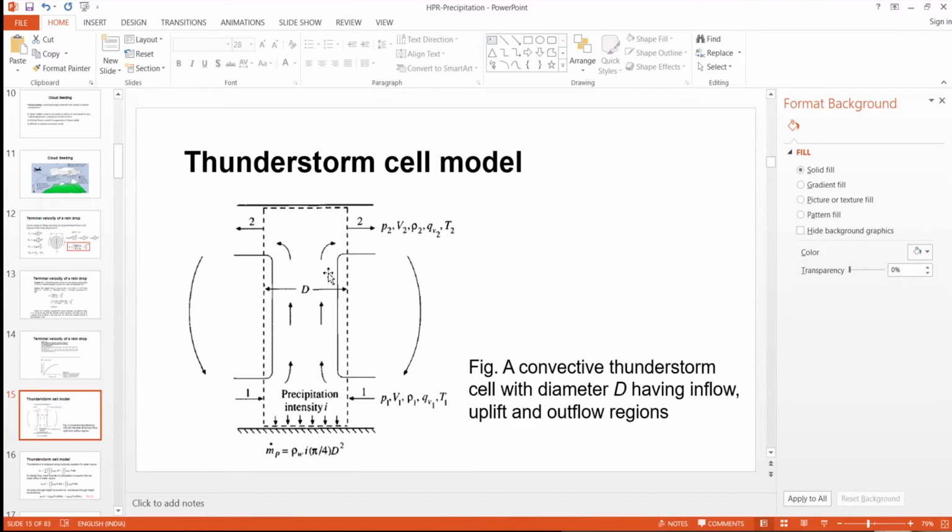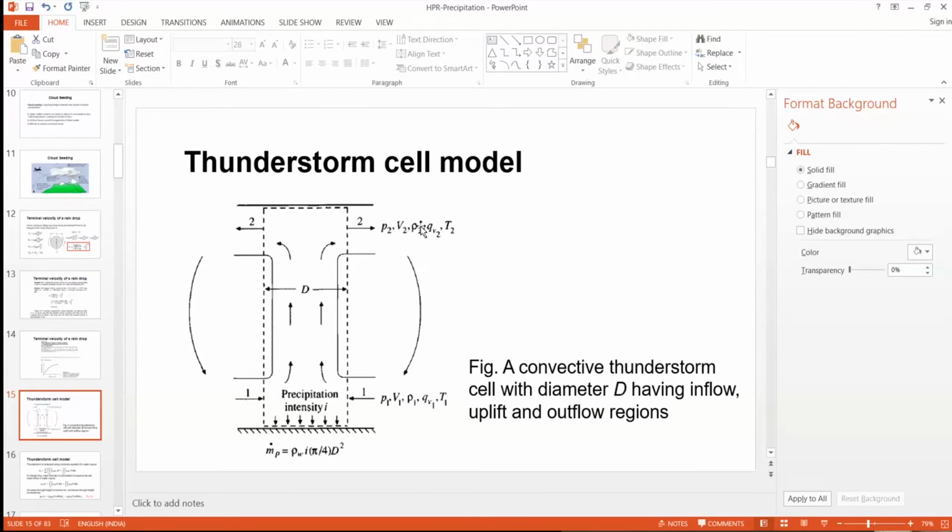So this is the finite volume model. It has three regions. Near the surface is the inflow region, from where the moisture enters the cell. The middle region is the uplift region, through which the air rises and condenses, and that becomes rainfall. Once this air loses its moisture content, it becomes dry air and leaves from the outflow region.